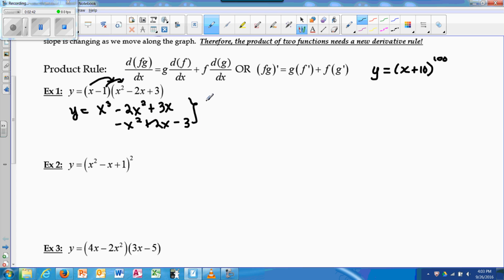So, simplified out, we get y is equal to x cubed minus 3x squared plus 5x minus 3. Then we could take the derivative to get 3x squared minus 6x plus 5.